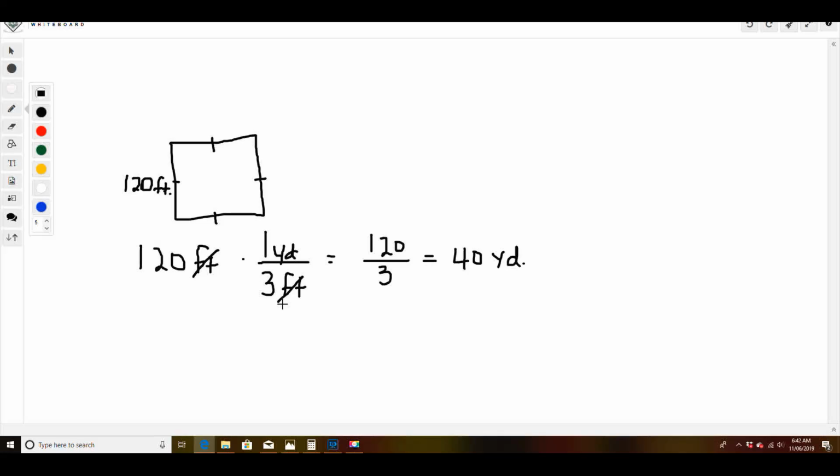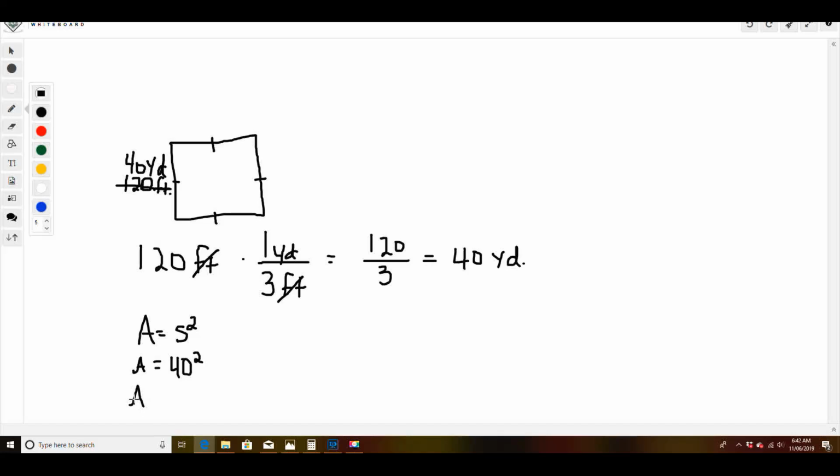Now it wants us to find the area in yards. So this is actually 40 yards. Our next step is finding the area of a square. Remember the formula for the area of a square: we said it was side times side, but since now we've learned exponents, it's just area equals S squared. So let's fill in our numbers. A equals 40 squared.